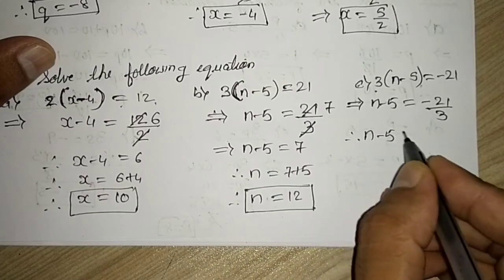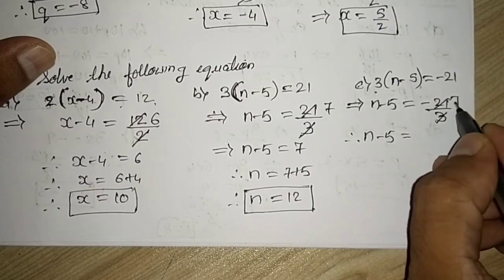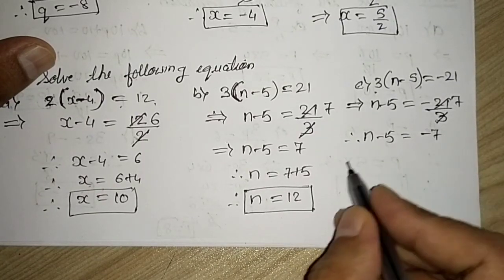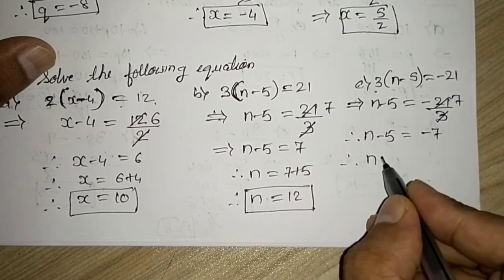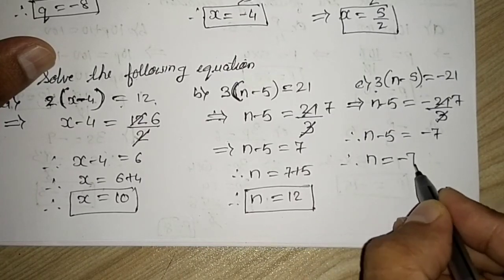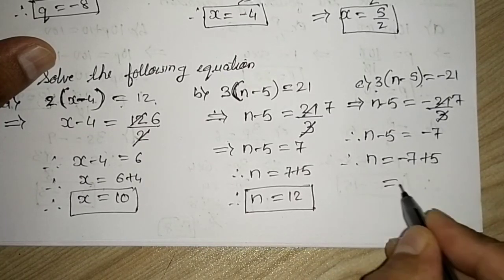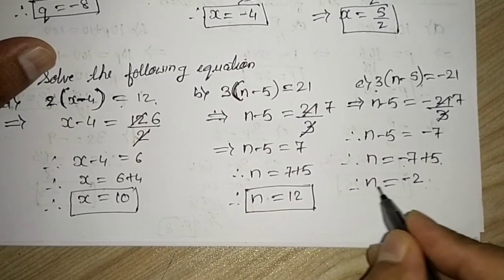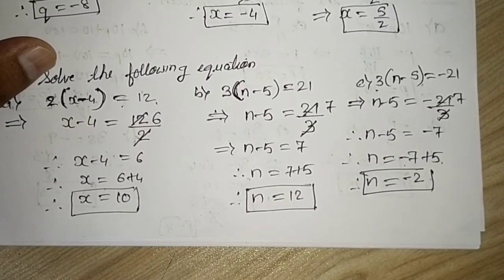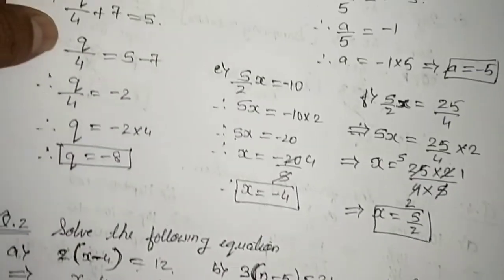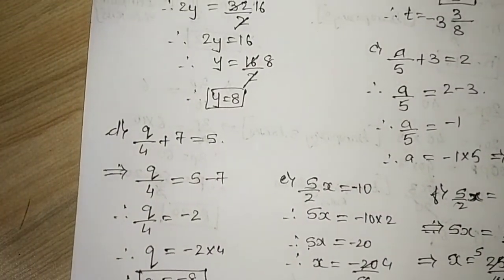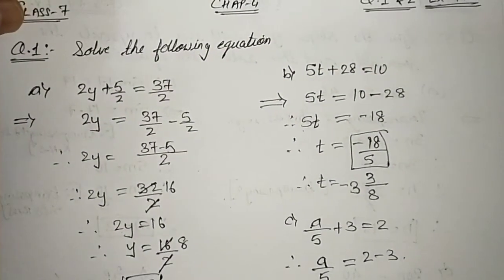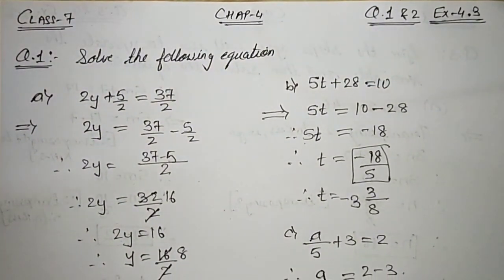Therefore n minus 5, 3 1s are 3, 3 7s are 21, so we will get minus 7. Now minus 5 will go that side, so it will become plus 5. So minus 7 plus 5 will give us minus 2. n is equal to minus 2. It is having 5 parts. I want you to solve the remaining 2 parts and practice yourself.